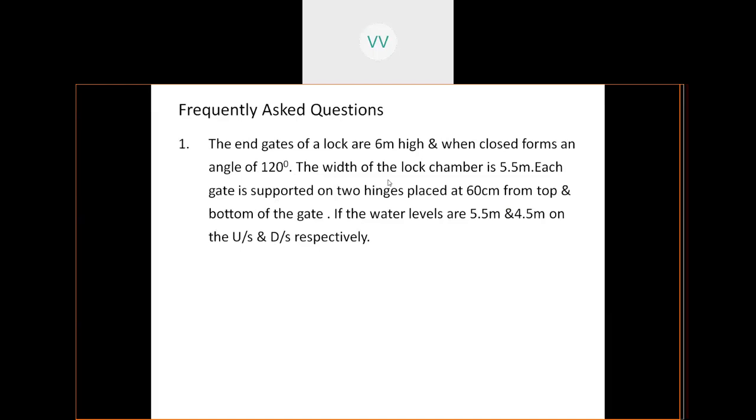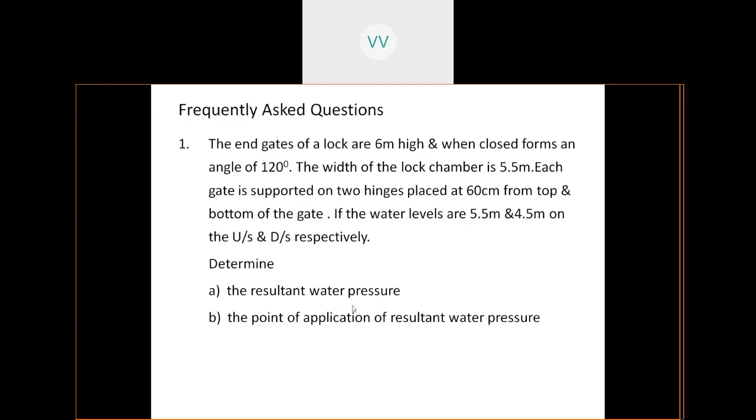The width of the gate in the closed condition is 5.5 meters. Each gate is supported on two hinges placed at 60 centimeters from the top and bottom. If the water levels are 5.5 and 4.5 meters on the US and DS respectively, that means the upstream and downstream side, determine the resultant water pressure, the point of application of the resultant water pressure, the reactions of the gates, and finally the hinge reactions.